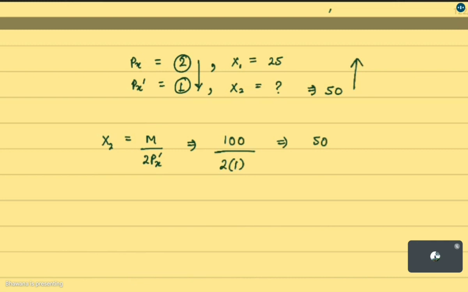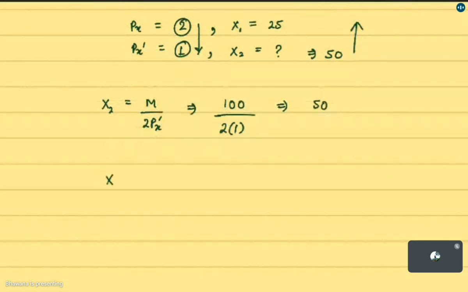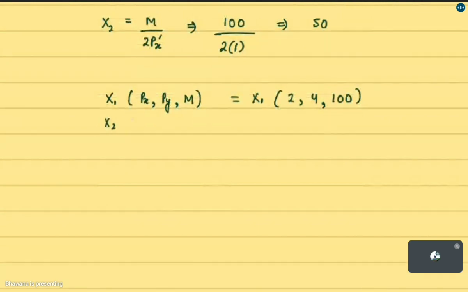So in a functional form we can write that x1 is a function of price of x, price of y and your income. Here you can write it this way: price of x is 2, price of y is 4 and your m is 100. Your x2 is a function of price of x dash, where the dash represents the new price.